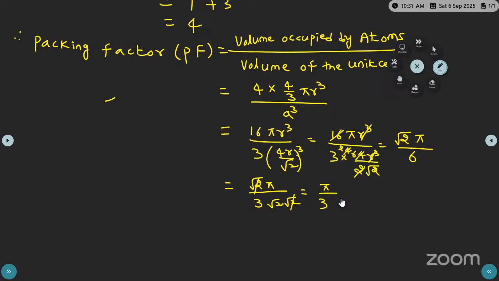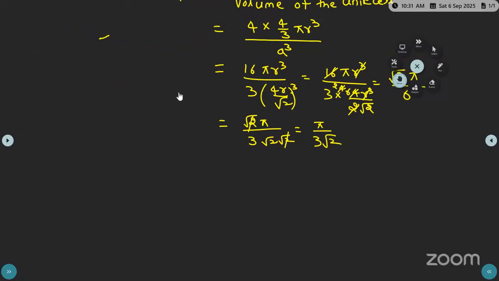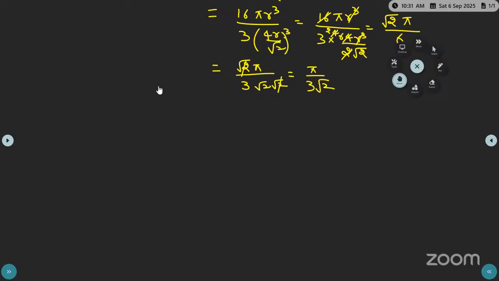Pi by 3 root 2. Calculate this value. How much will you get? What is the packing factor value? PF, pi by 3 into root 2, equal to 1 point... no, it won't be 1 point. 0 point.